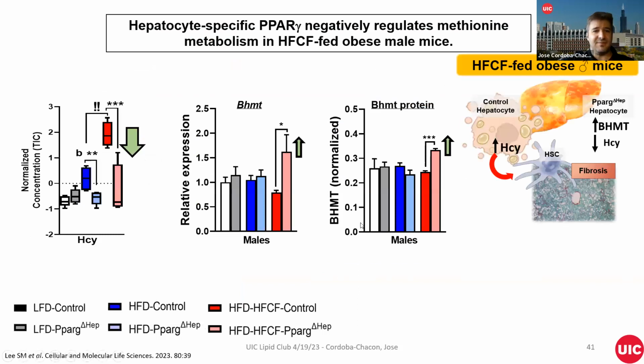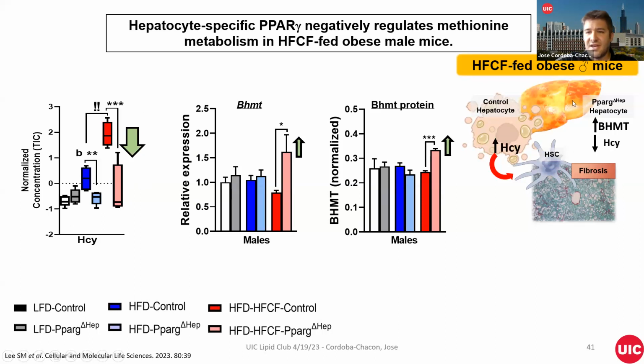Specifically, we went to measure this BHMT. We observed that the level of BHMT was increased in the hepatocyte-specific PPAR gamma knockout, and that was associated with a reduction in homocysteine levels, which are induced in control mice with NASH.